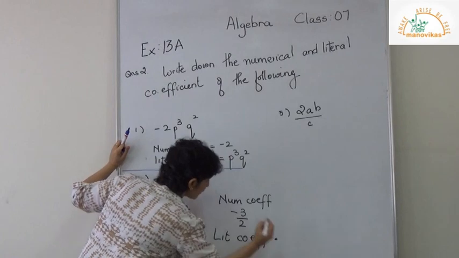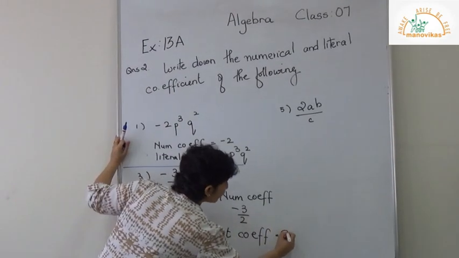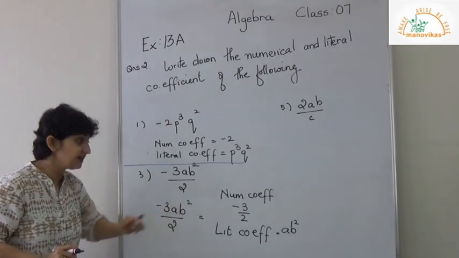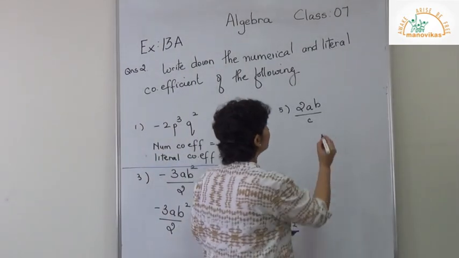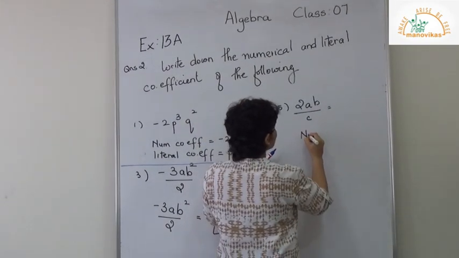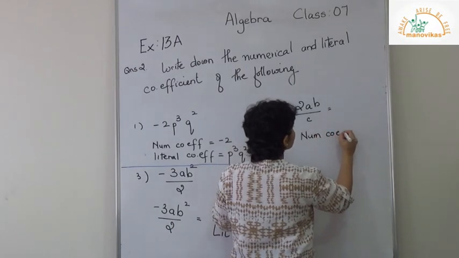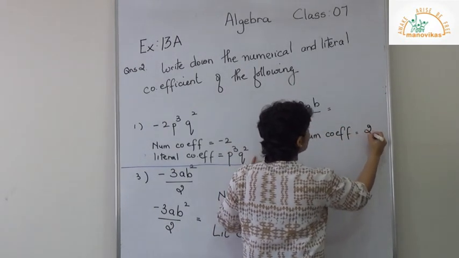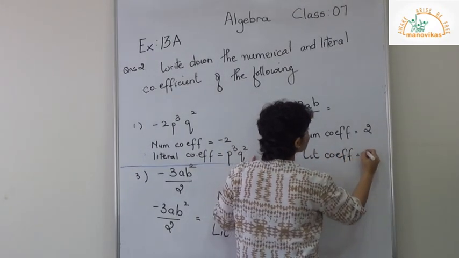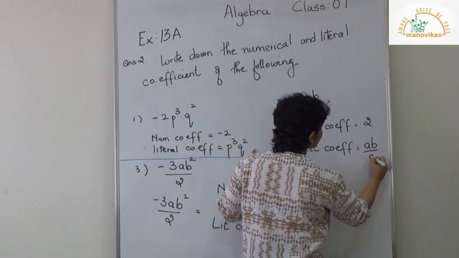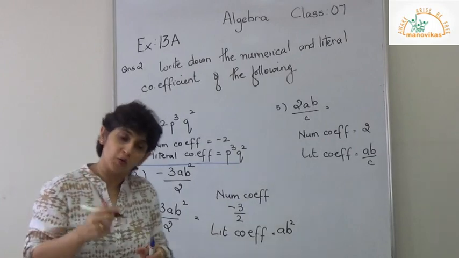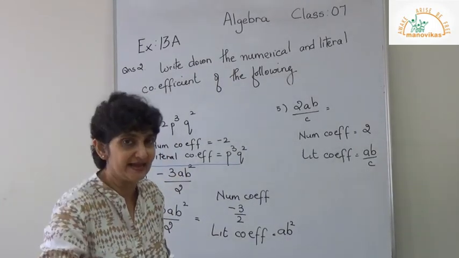The literal coefficient is ab squared. Same way here, the numerical coefficient is 2 and the literal coefficient is ab upon c. I'm sure by now you've understood what is the meaning of coefficient. Let's move on to the next sum.